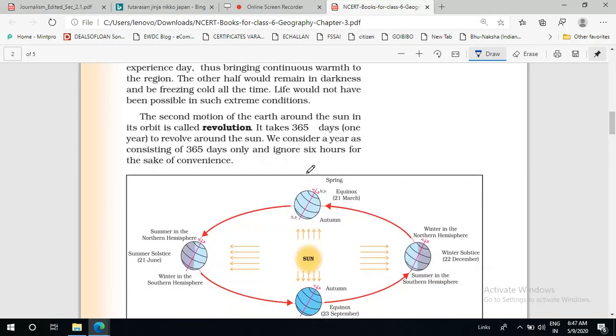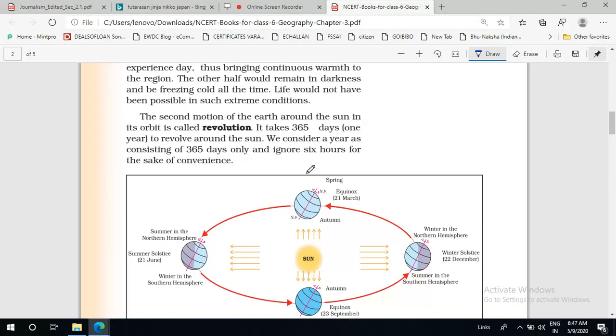Now we will consider the second motion of the earth, that is revolution. And what is revolution? Revolution is the movement of the earth which is associated with its movement around the sun. When we were discussing the first chapter, we read about planets.